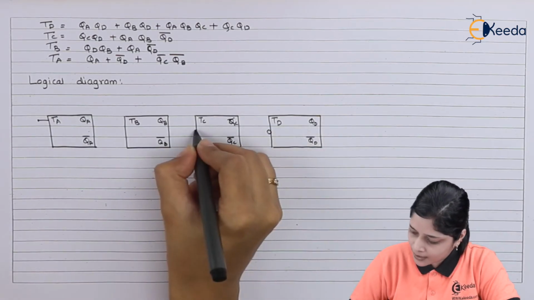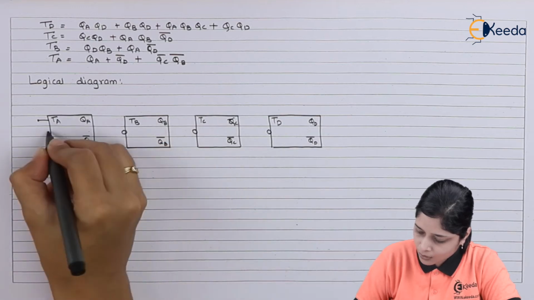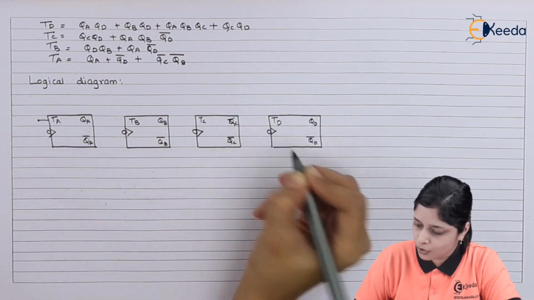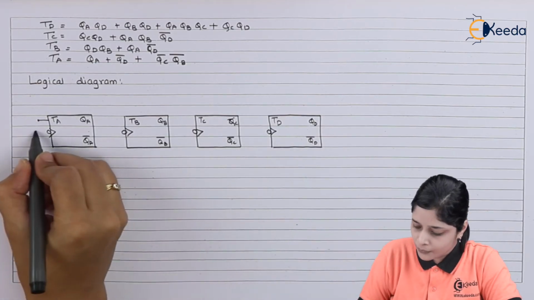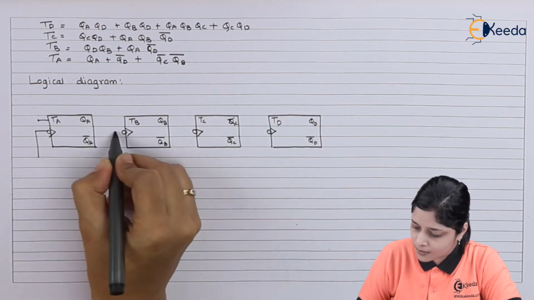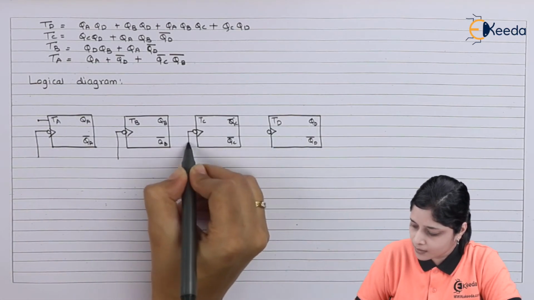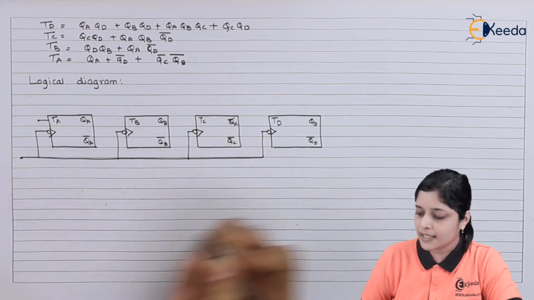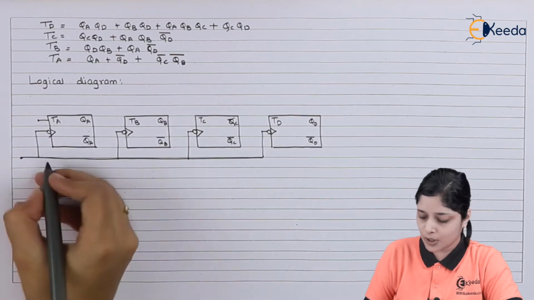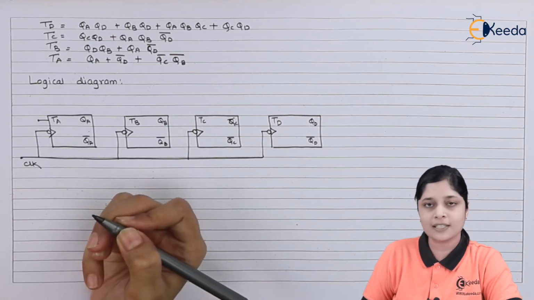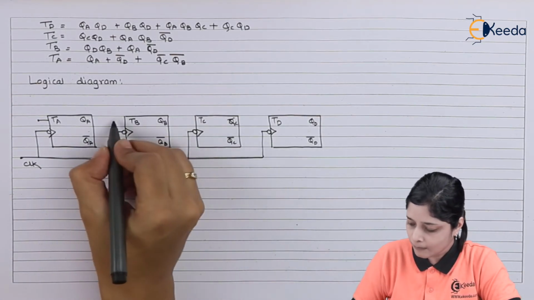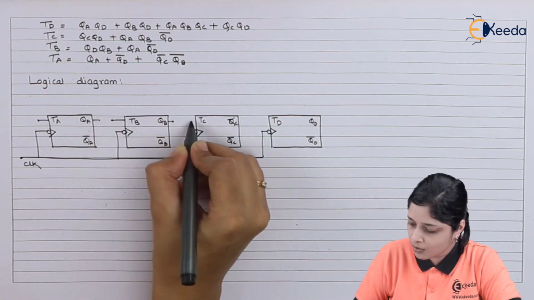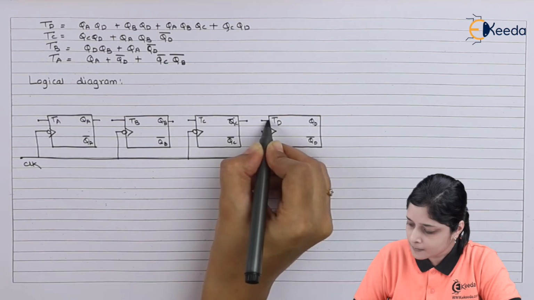Now we will apply synchronous clock to all the flip-flops. This is the symbol for the clock. We have to make here synchronous clock, means take the common clock outside. In this way you have to apply the synchronous clock because it is a synchronous circuit. After that you have to just mention here all the terminals.